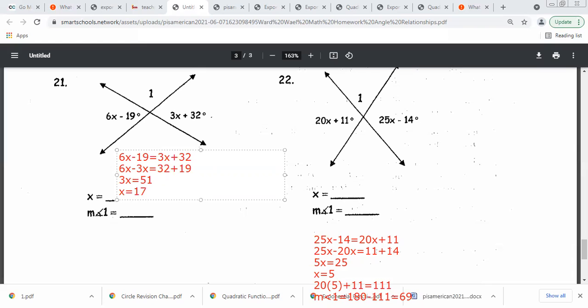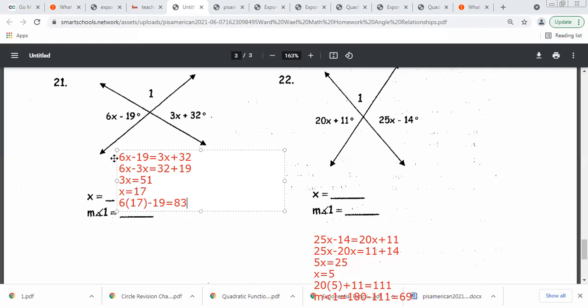We will go back to replace. First, it will be 6 times 17 minus 19, which will be equal 83.